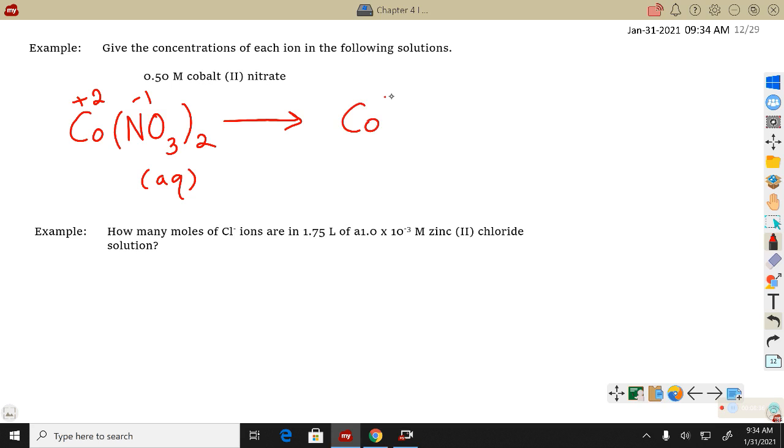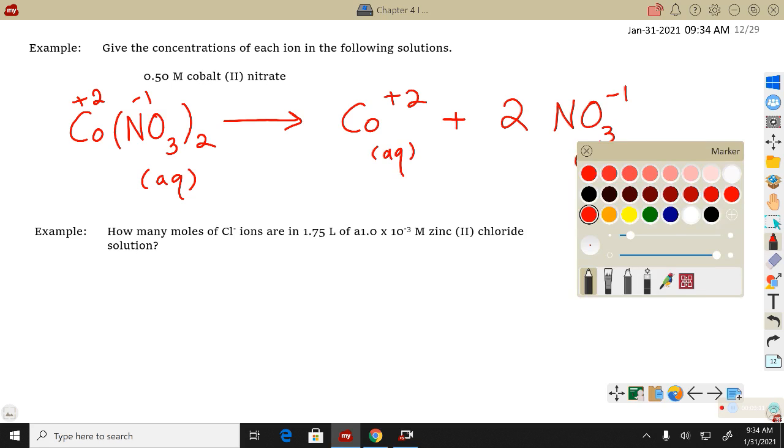I'll get a cobalt +2 ion, and then we would write this as 2 individual nitrate -1 ions. When I have the parentheses and the little subscript 2, that means that the 2 nitrates are bonded together in the original compound, but now they're all going to split. So by putting the 2 out in front as a coefficient, I mean that it's 2 individual nitrate ions. And we can still put in an aq. They would be in solution covered with water molecules.